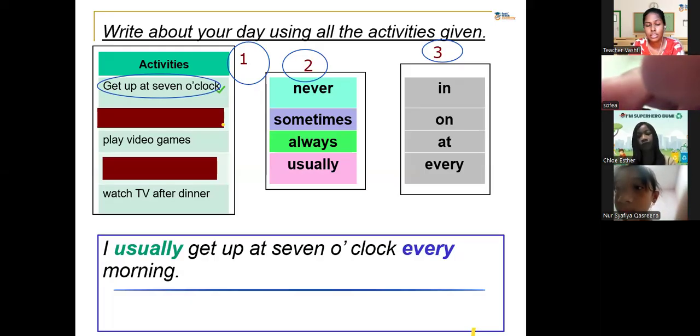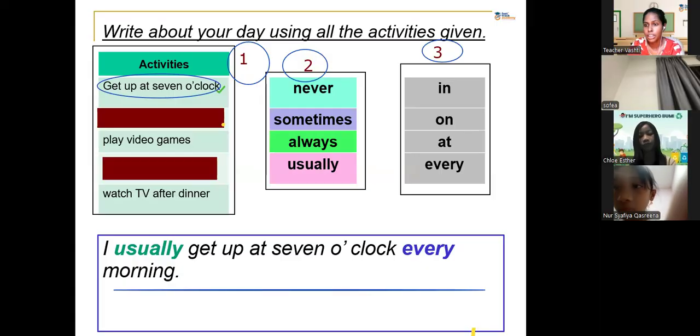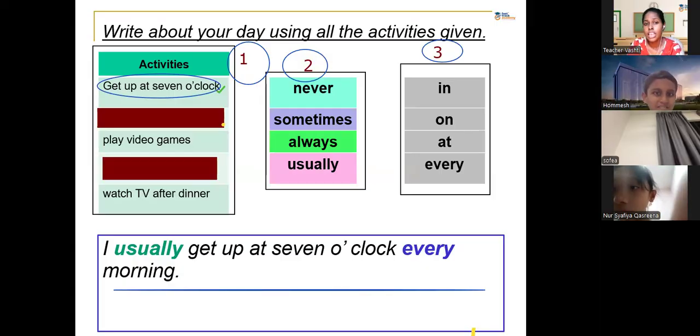Homesh. Yes, sir. Sometimes means kadang-kala, right? Yes, sir. Every means all the time, right? Yes. So how can you mix them both? I kadang-kala watch TV every night. Is that correct? Correct or not? Wrong. What's wrong?